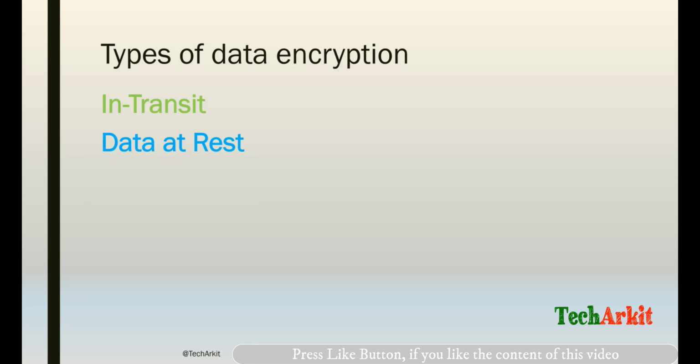If the data is not encrypted at rest, you have to encrypt it using the KMS service, the Key Management Service. Then even if the data at rest is stolen by somebody else through unauthorized access, they cannot read it.